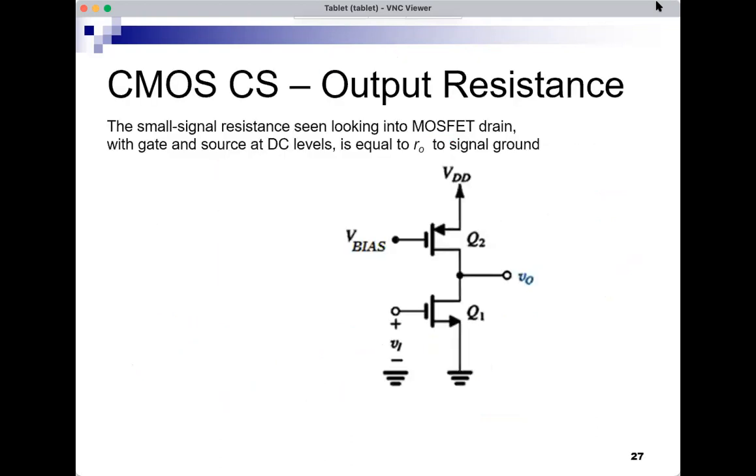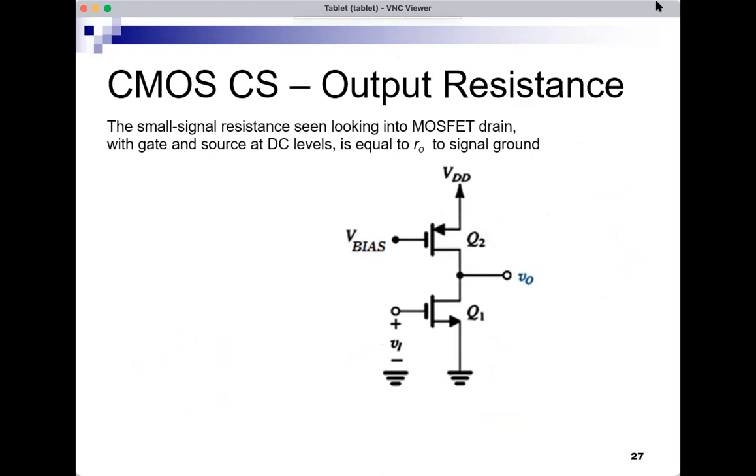So let's try to apply the rule to find the output resistance of this amplifier we just learned about today. The output resistance of the amplifier is what? It's the resistance looking into the output, right?